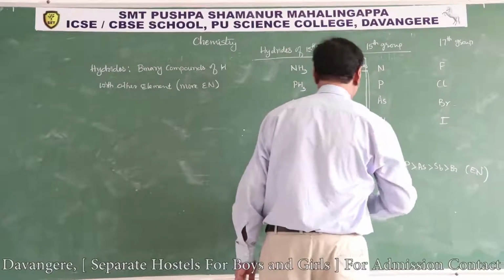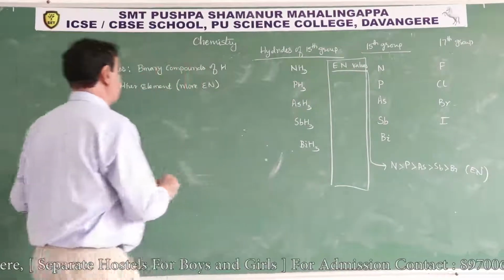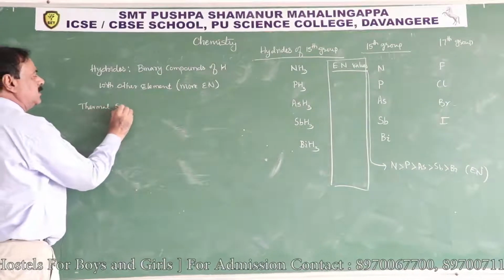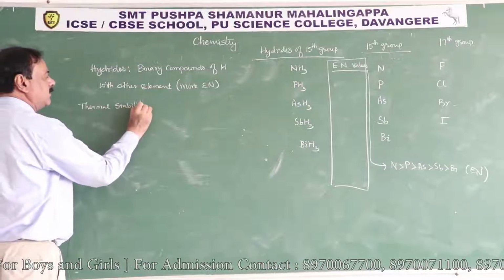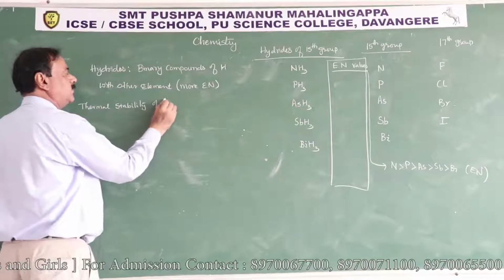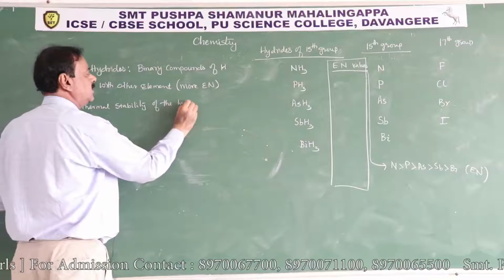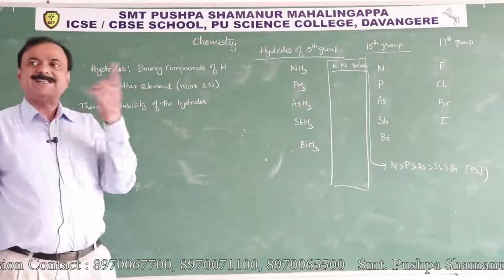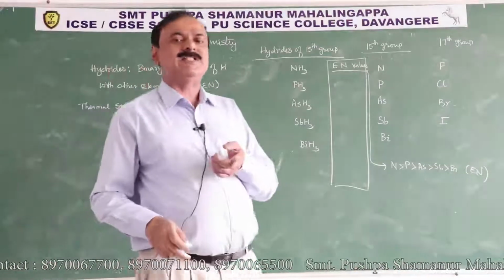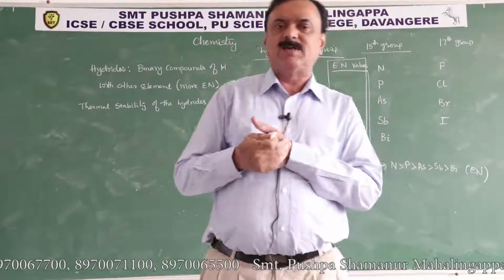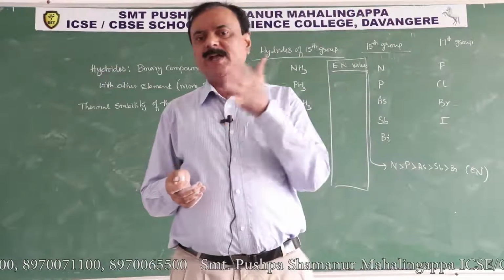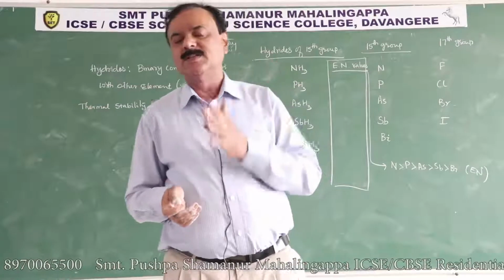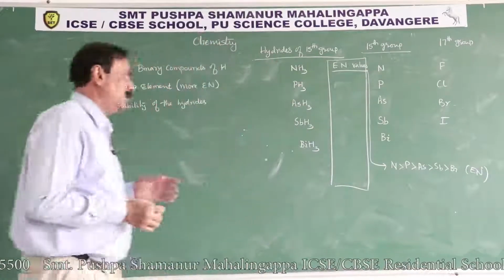Whenever hydrides are there, consider thermal stability. Like HF and HCl, HBr and HI, HF is thermally more stable because if the element next to hydrogen is more electronegative in the particular group, that compound is thermally more stable.